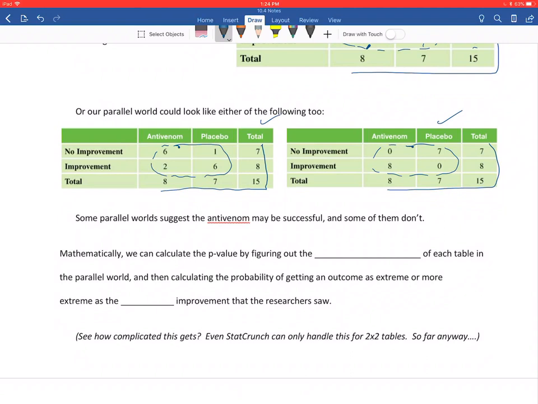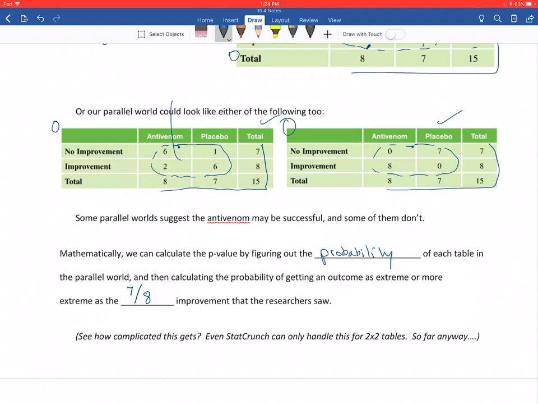Mathematically, what happens behind Fisher's test is that the p-value is calculated by finding the probability of each table in the parallel world, a probability for this table, for this one, and for that one, and then calculating the probability of getting an outcome as extreme or more extreme than the 7 out of 8 improvement that the researchers saw.